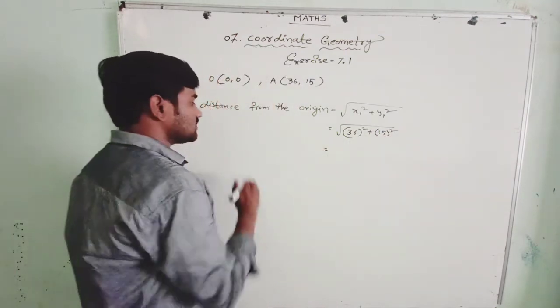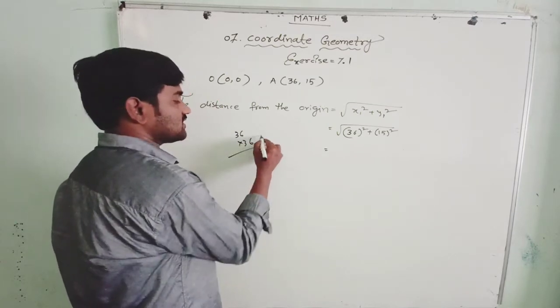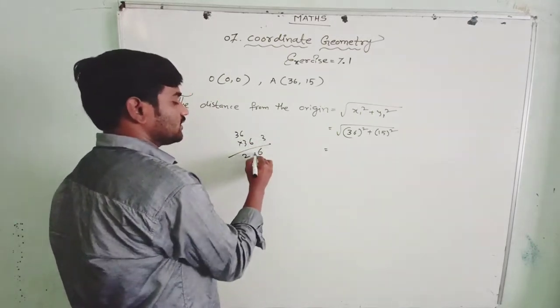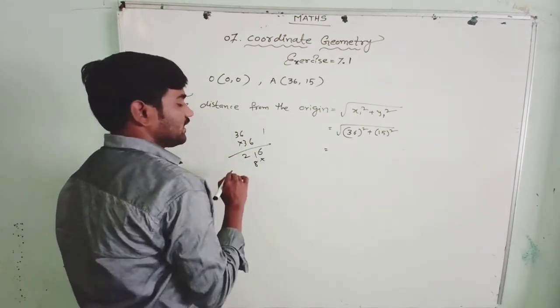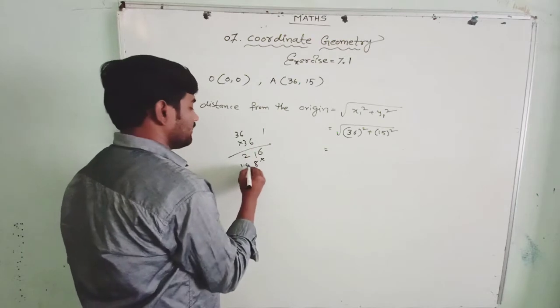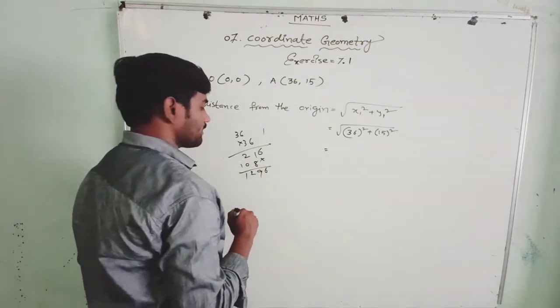36 whole square. What is the value of 36 into 36? 6 sixes are 36, 3 carry. 18 plus 3, 21, into 18, 1 carry. 9 plus 1, 10. 6, 9, 2, 1. Okay.